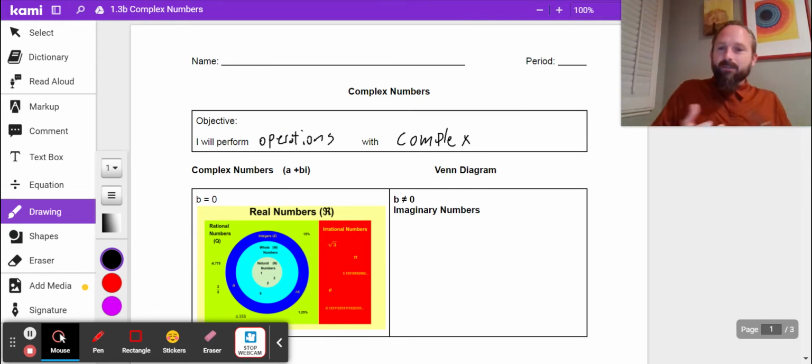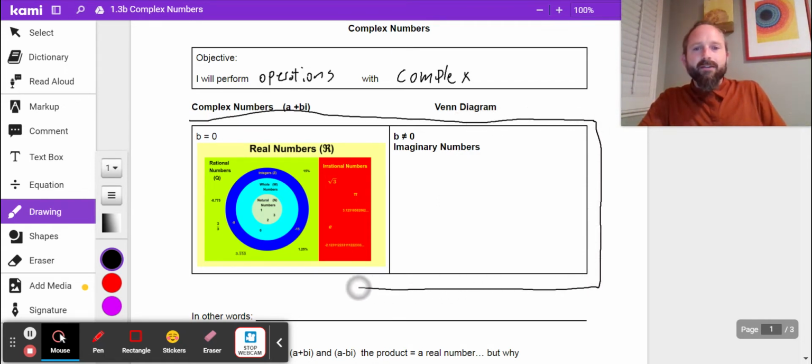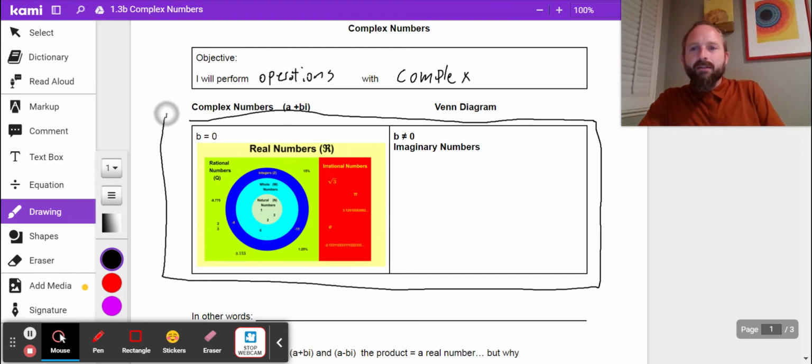So, if we look at this right now, we have this Venn diagram of real numbers and imaginary numbers. Complex numbers involve all of these. So both these together would be complex.